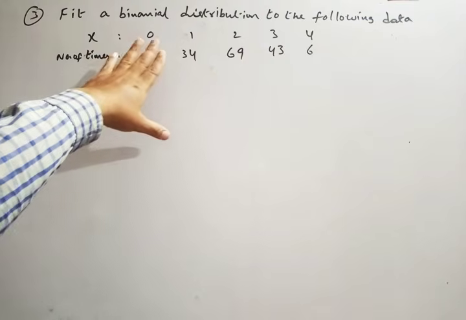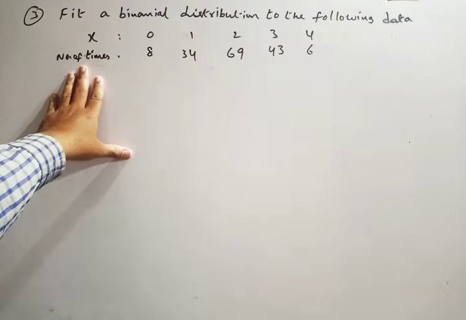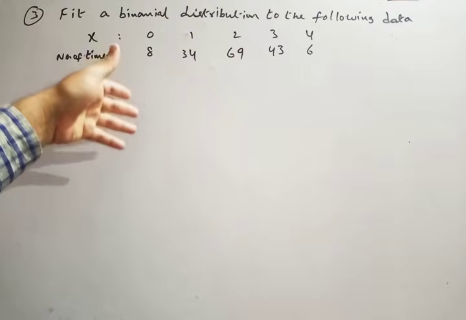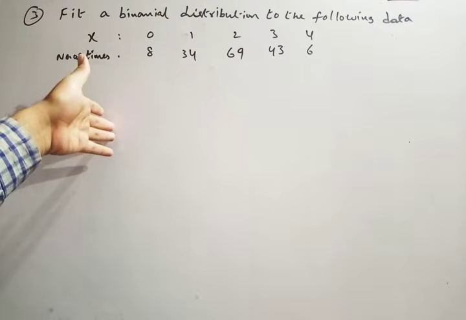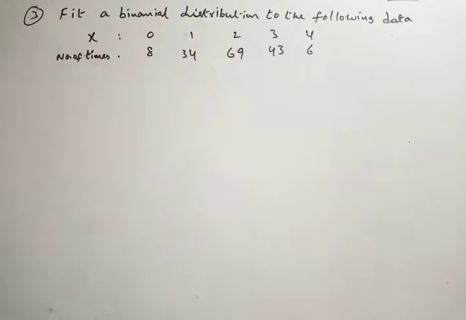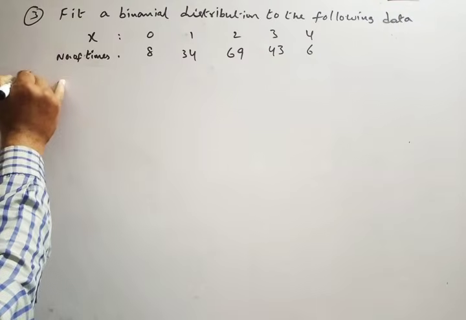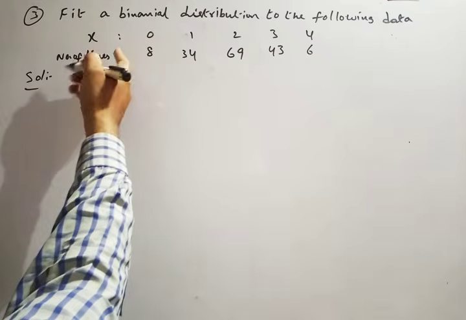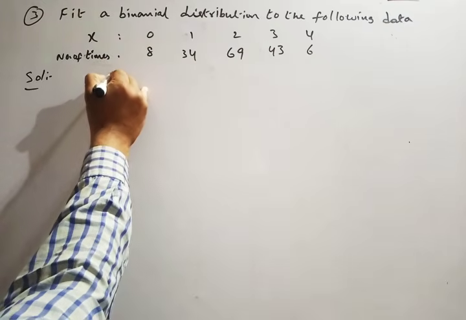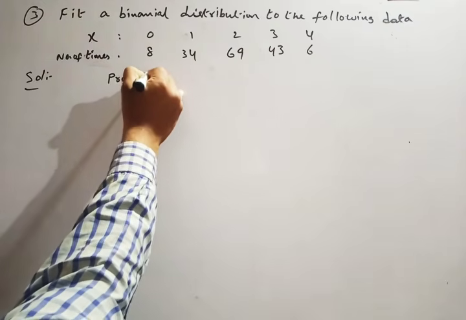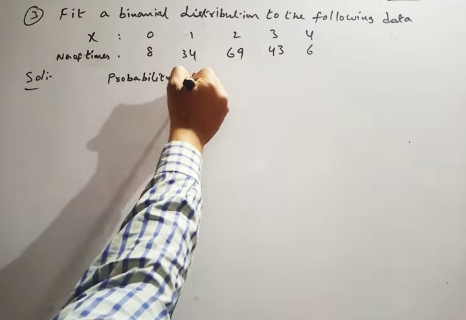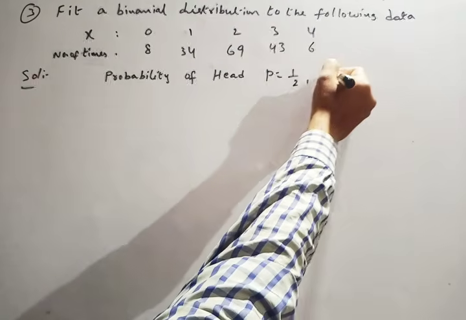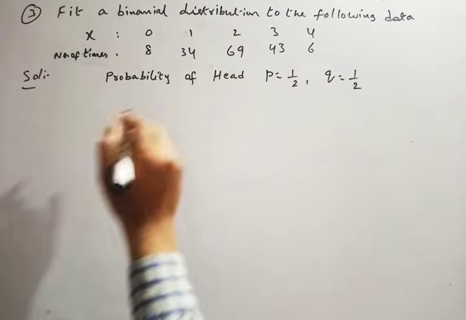He's asking us to fit a binomial distribution to the given data. These are the observed frequencies, so we have to calculate the expected frequencies. How to calculate for this type of problem? If x is heads, the probability of getting a head is P equal to 1 by 2, and getting a tail, Q, is 1 by 2.